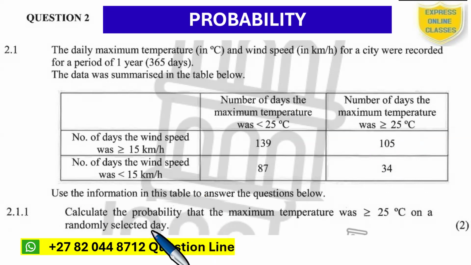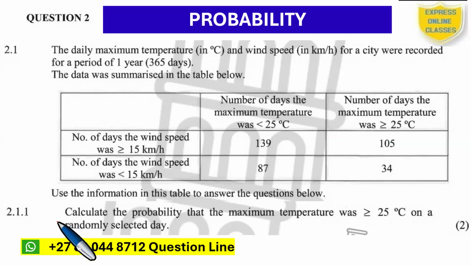Calculate the probability that the maximum temperature was at least 25 degrees Celsius on a randomly selected date. Randomly selected date. So what are you supposed to do?